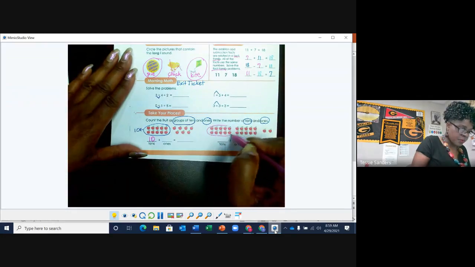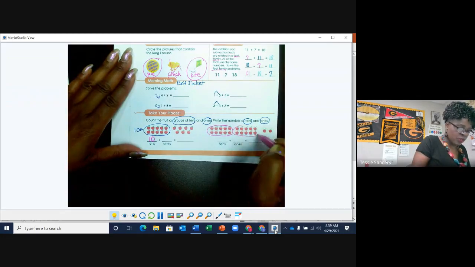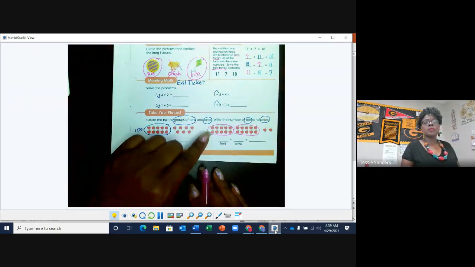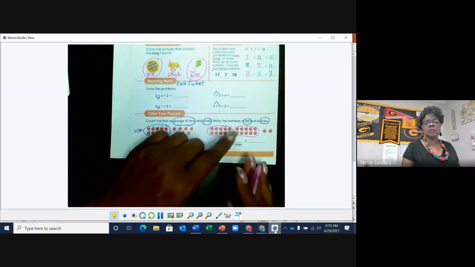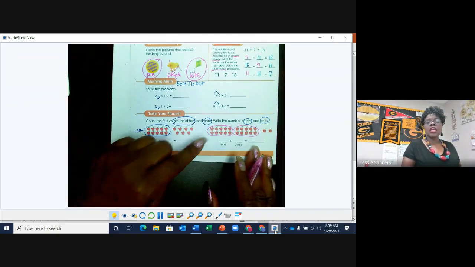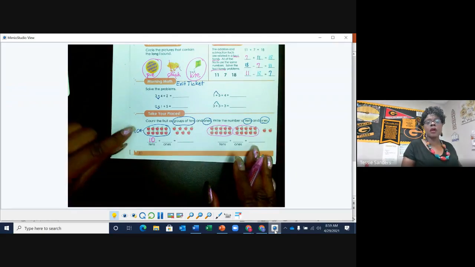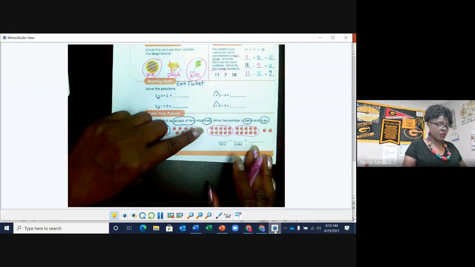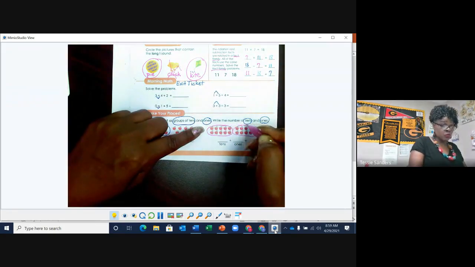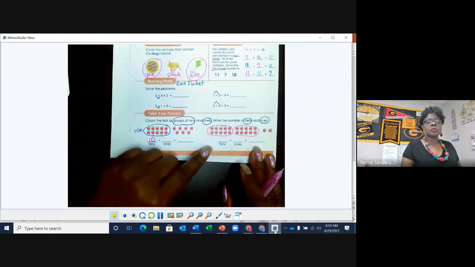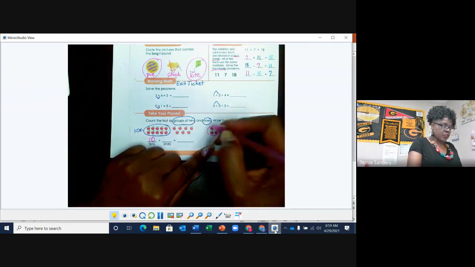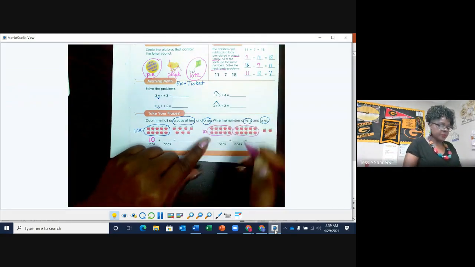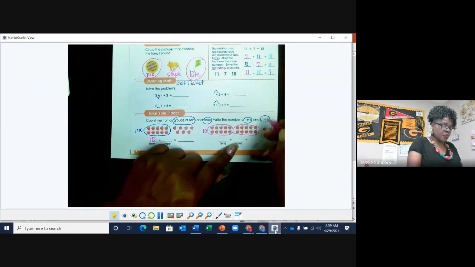Here's a group, and here's one group. Each group represents the number what? 10. So here's group 1 and here's group 2. So this is a group of what? And this is a group of what?